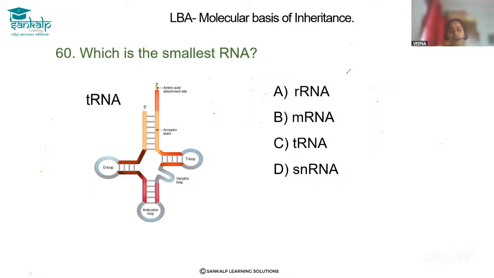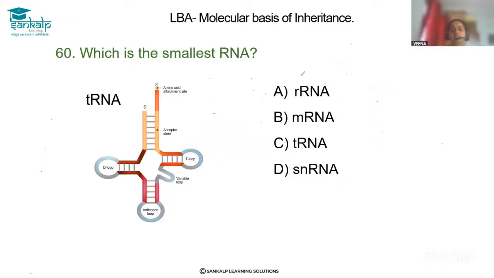Let's solve the last question of the molecular basis of inheritance, question 60. Which is the smallest RNA? So dear students, you can answer, I think, because so many times I have told you while explaining the structure of tRNA that it is the smallest RNA. mRNA is a longer one, and ribosomal RNA is a little bigger compared to tRNA.